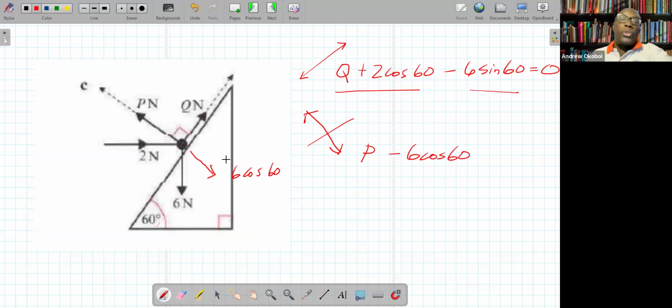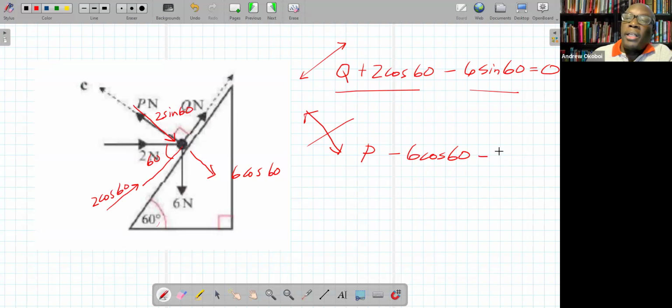Now, the tricky one is the 2. If I take this 2, I said this angle here was 60 degrees. When I turned it and it faced up like this, I said this became 2 cos 60. When I turn it and it faces downwards like this, I'm moving away from that 60-degree angle. So this one here becomes 2 sine 60, but it's pointing downwards.